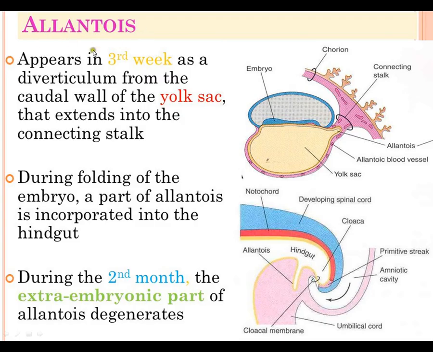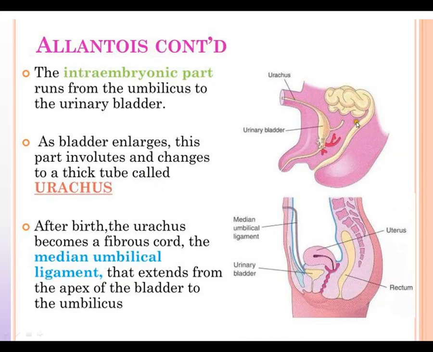Another structure identified during the developmental stage of the embryo is the allantois. The allantois is a protrusion of the umbilical vesicle towards the connecting stalk, and it is responsible for forming a temporary communication with the bladder through the umbilical cord.